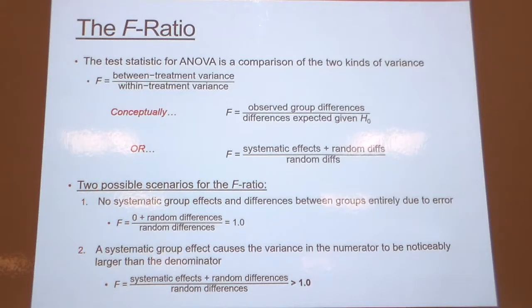But if we've got a strong signal, think about these systematic effects as a signal, that's going to rise above and beyond our random differences here, and we're going to get an F ratio that starts to get larger, closer to something that we can use, at least within the system of our inferential statistics, to make a claim that it looks like there is something going on here. Okay. Questions about this?